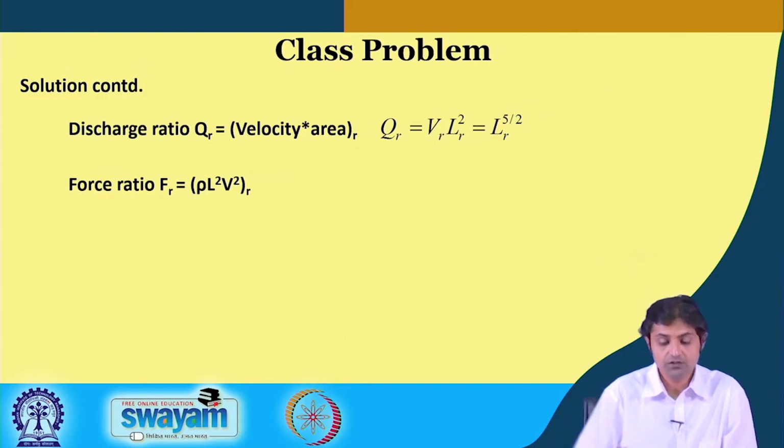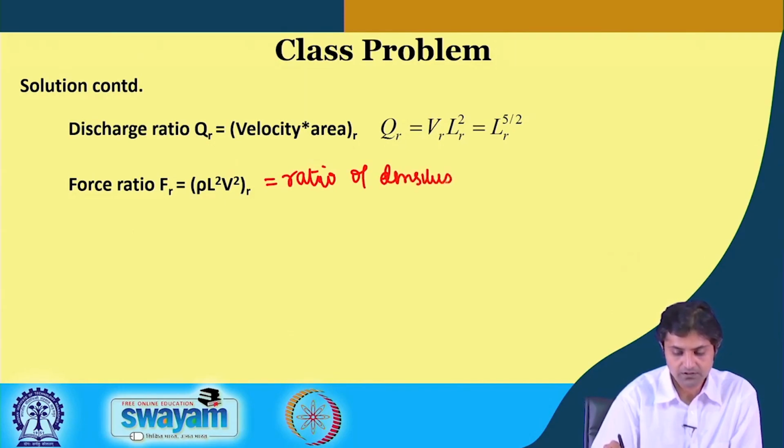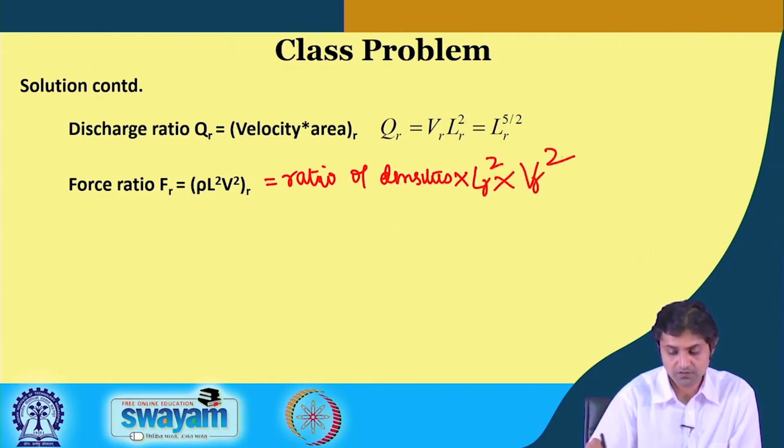Force ratio will be the ratio of densities multiplied by Lr square into velocity square.